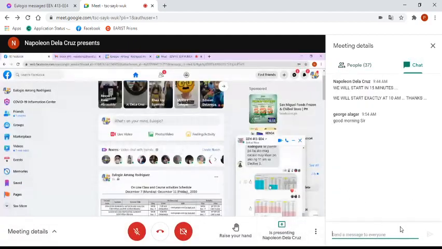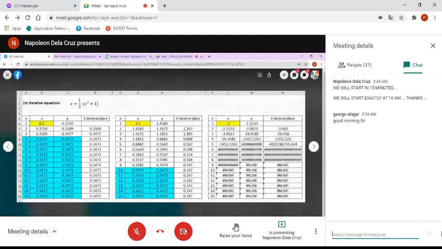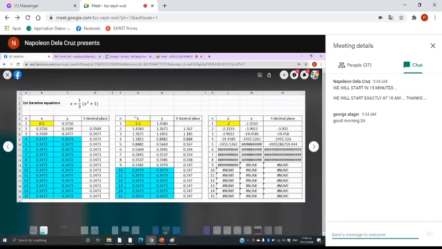Nandito ako ngayon sa ating GC. Alam niyo naman na yan ay 0.5. What will be now the value of X? Y. Lipat ito dun. What is Y? Yung equation dito ay iyon.